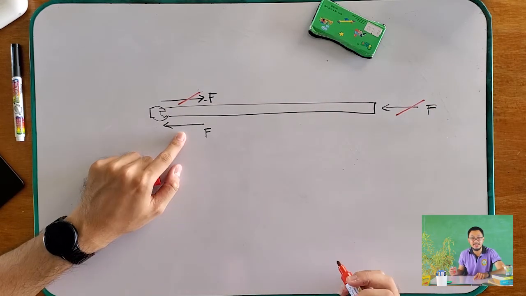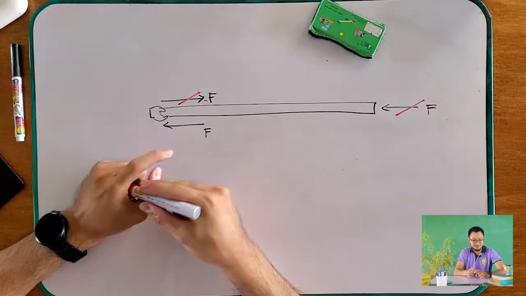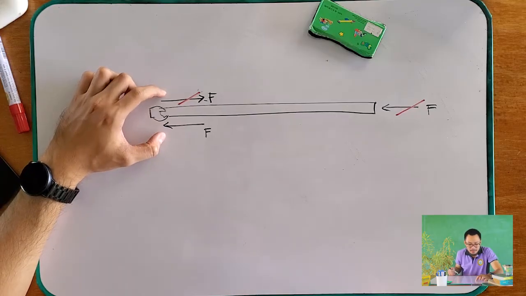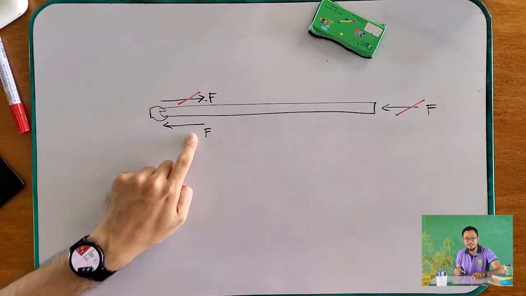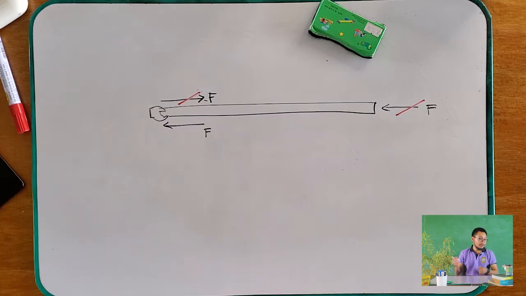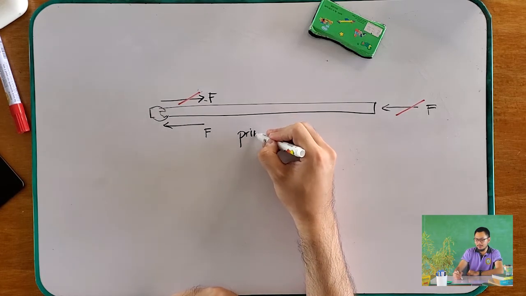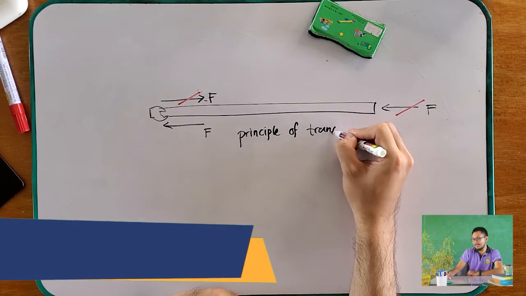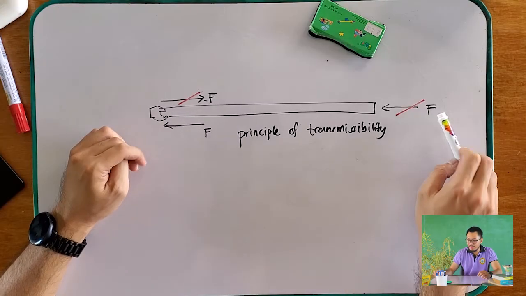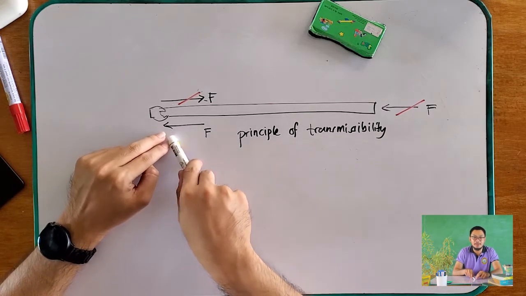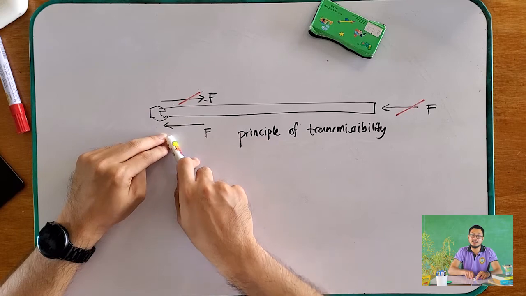Therefore, what remains is the force over here. All I did was add an equilibrium force with the same magnitude, so the two cancel and the force moved here. That is what you call the principle of transmissibility. It just basically means that you can transfer a force to another location and it creates the same effect.